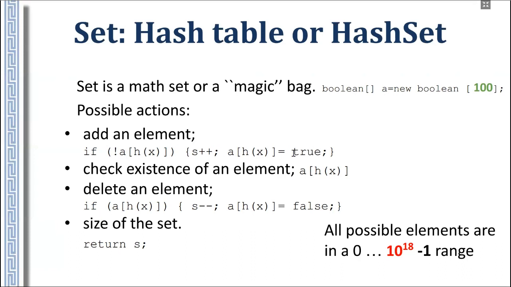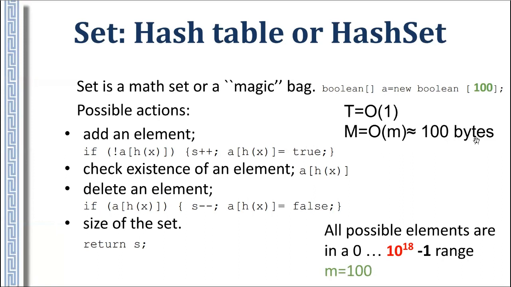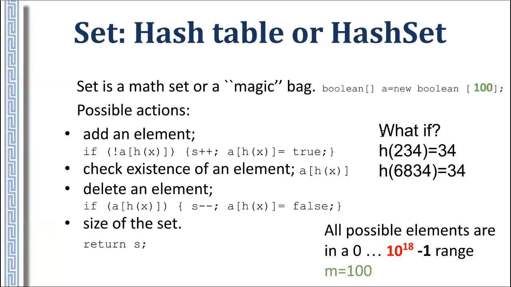For this element, we check existence, we remove it, and so on. So we have much better memory complexity, that is just O of M. And if M is very small, we have very good memory complexity with the same time complexity. We solve the issue that we had with memory. It is about just 100 bytes, not 10 to the 18 bytes.